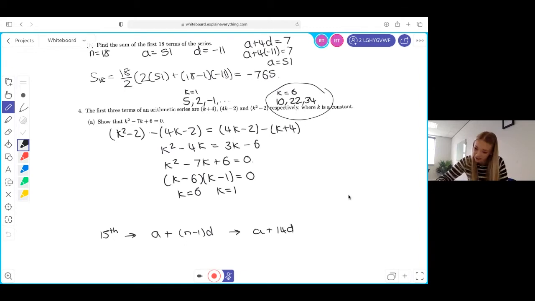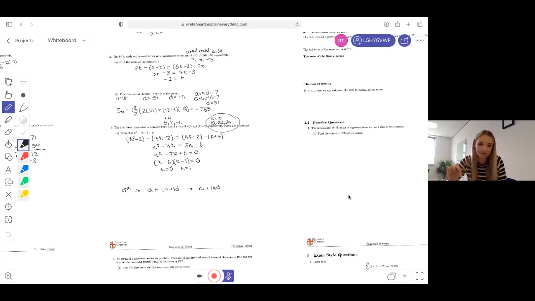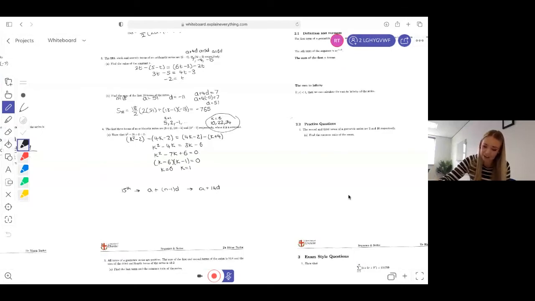So if I go on to that last part of the question, we'll just sub in those values. So my first term, a, was just 10. My common difference between each term, you can work out, is just 12 between each one. And then if we sub all of those in, we'll get our 15th term, which is quite a nice one to do.